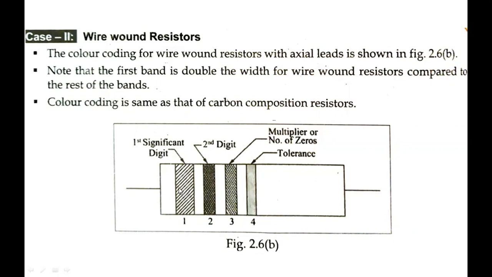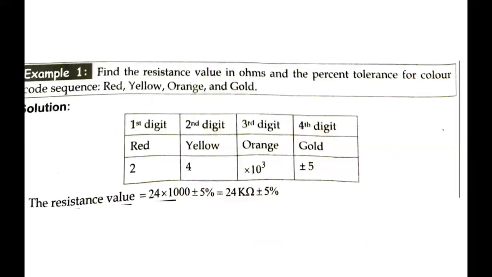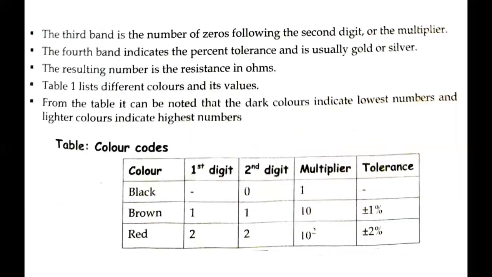So the first color band is the first significant digit, the second color band indicates the second significant digit, the third one is the multiplier or number of zeros, and the fourth one is the percentage of tolerance. So the color coding is the same as that of the carbon composition resistors. Okay, first you note this.